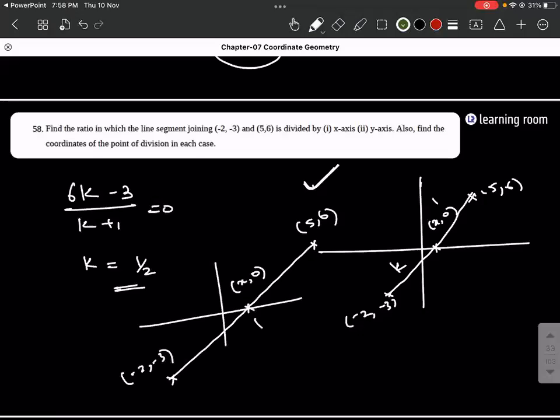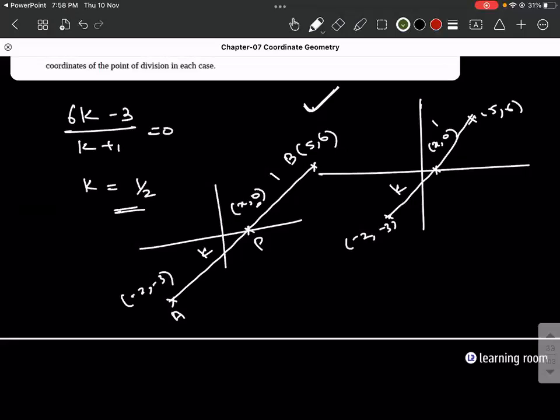If you take this point to be P, and the ratio is k:1, you will find the y coordinate and equate it to 0, because on the x-axis the y coordinate is 0.